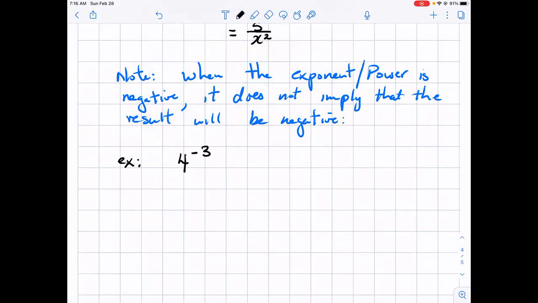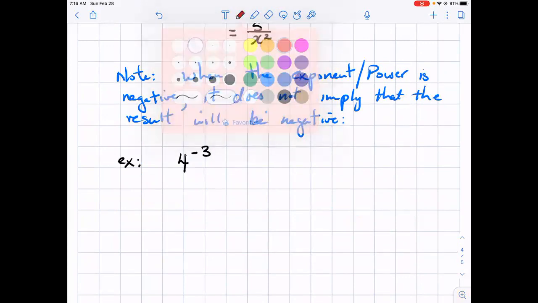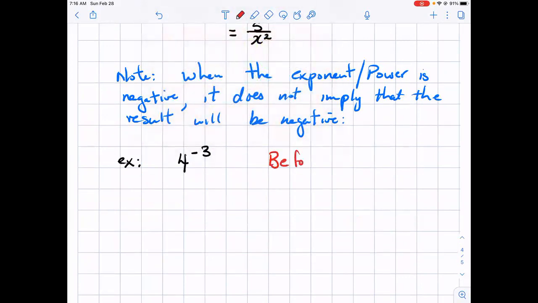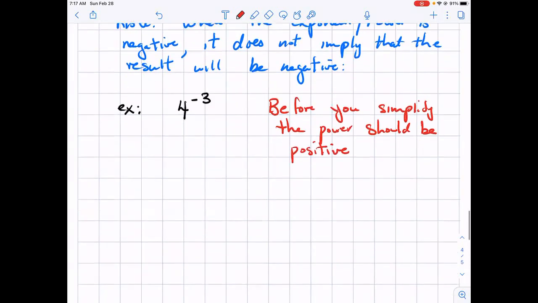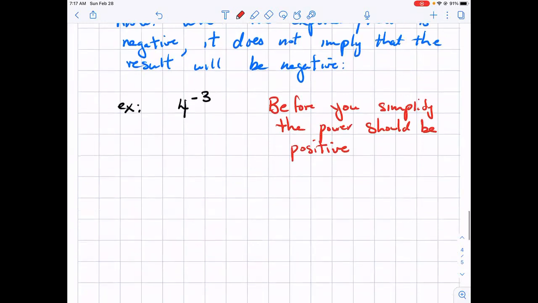What does that mean? Well, before you simplify this, the power has to be positive. So make sure before you simplify, the power is positive.